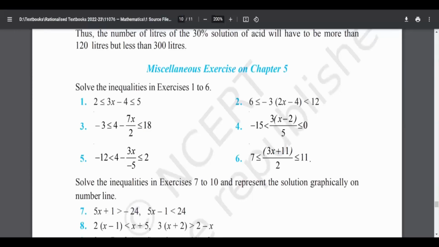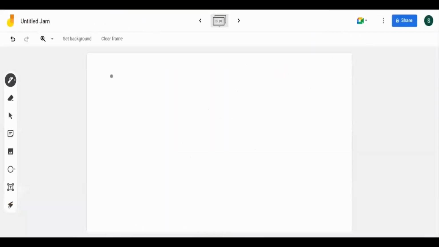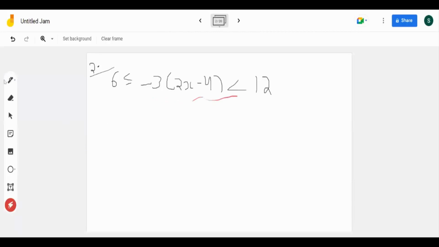The second question is 6 is less than or equal to minus 3 times (2x minus 4), less than or equal to 12. So I will write down the question first. First of all, simplify the middle bracket. Open this and simplify.